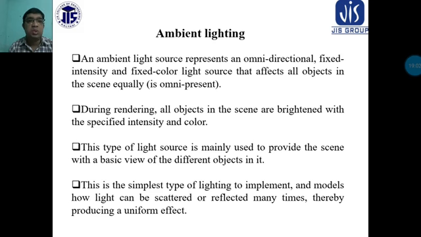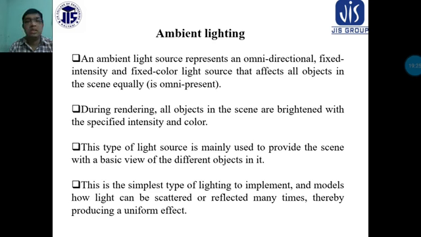An ambient light source represents an omnidirectional light, with fixed intensity and fixed color, that affects all objects in the scene equally. It is omnipresent. Like the sun, it is considered a fixed source.